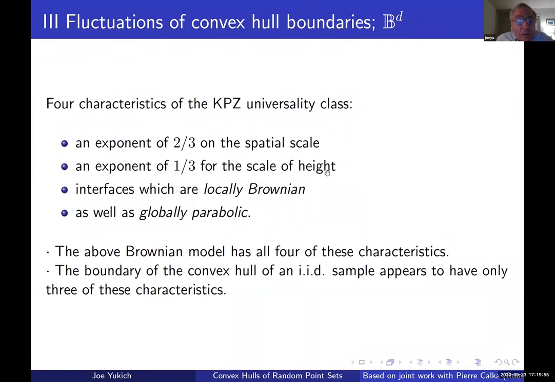We will see this in the second part of the talk. So the defect volume between the interface and the sphere exhibits Brownian fluctuations. It converges to a Brownian sheet, actually. But that's different than saying that the interfaces themselves exhibit Brownian motion.